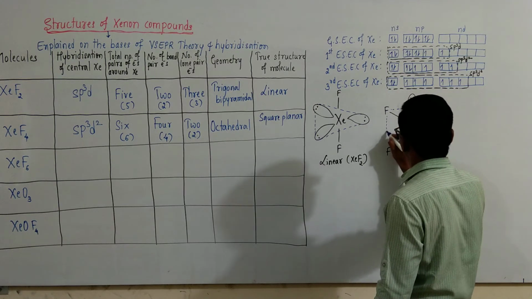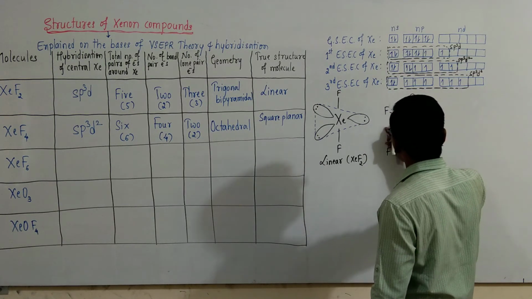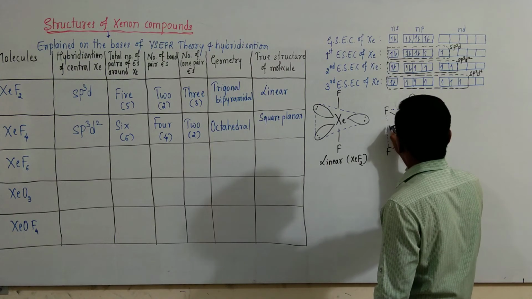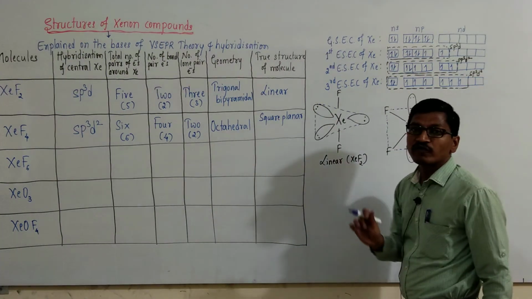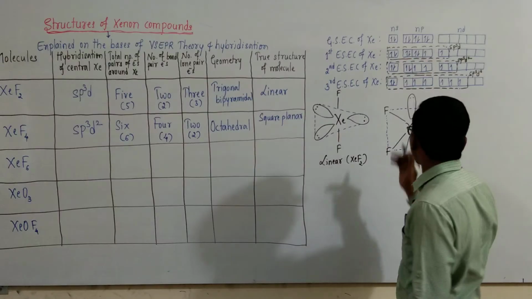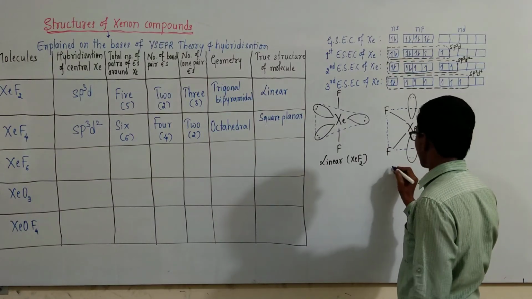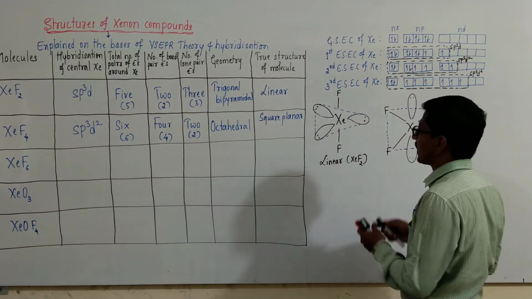Now the geometry differs from the actual structure. It contains lone pairs of electrons. Whenever there are lone pairs of electrons, the geometry and structures are different, and it is a square planar structure.